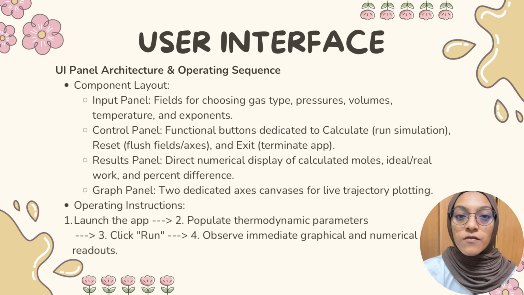It consists of 4 main sections: the input panel, control panel, results panel, and graph panel. Users first enter the required thermodynamic parameters such as pressure, volume, temperature, and polytropic exponent in the input section. After entering the values, the user clicks the Run button to start the simulation.